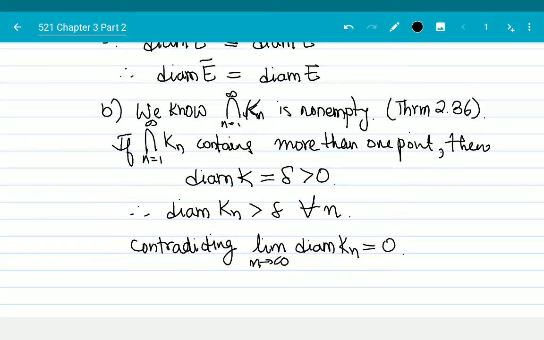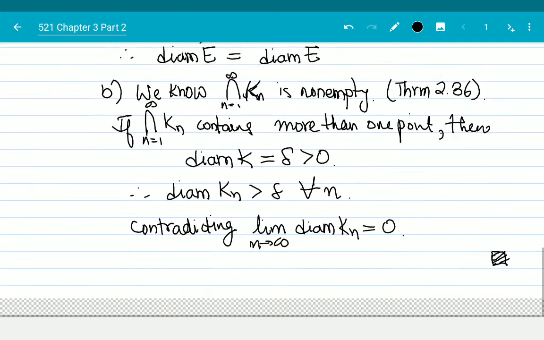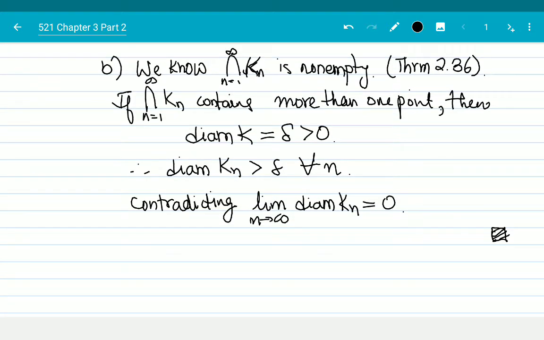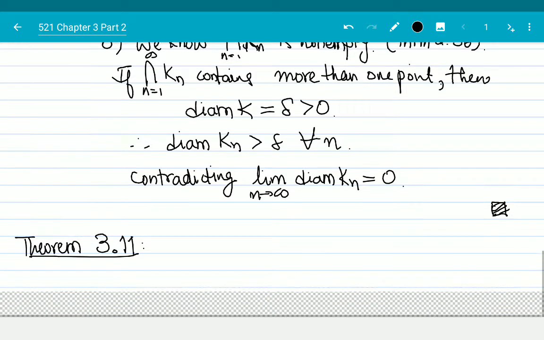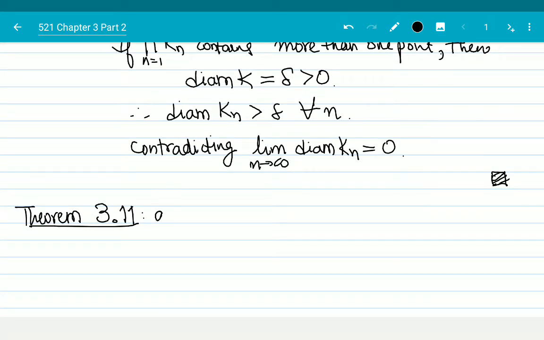So now that we have this, we can show that every convergent sequence is Cauchy. Theorem 3.11. Okay.